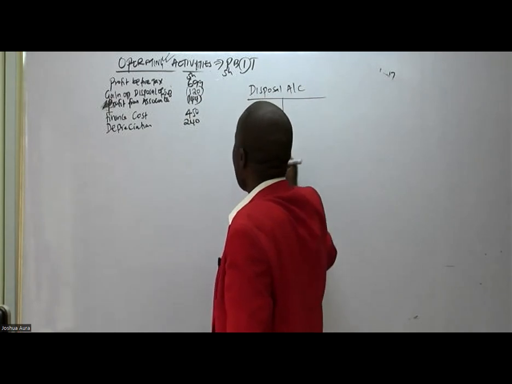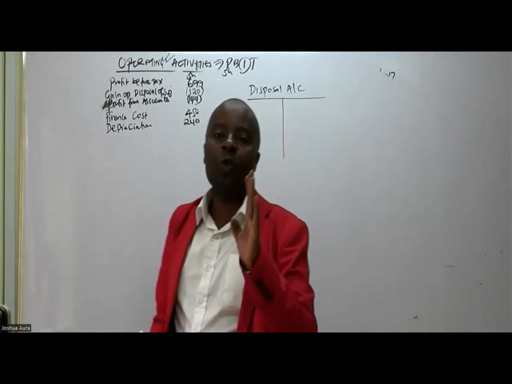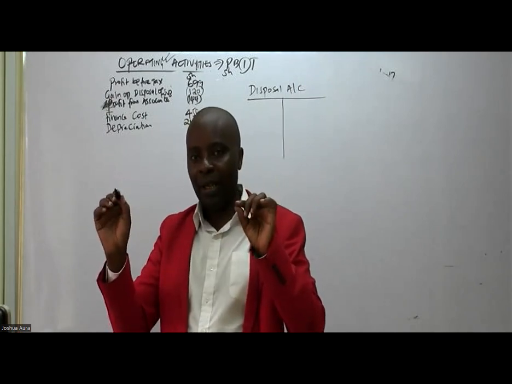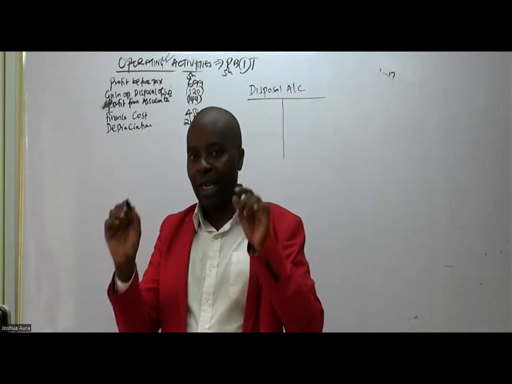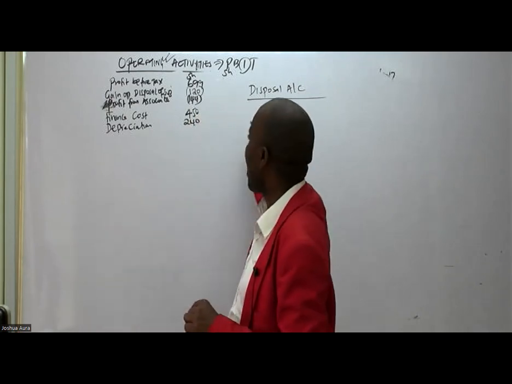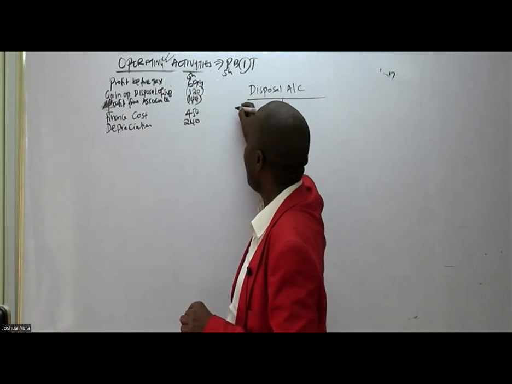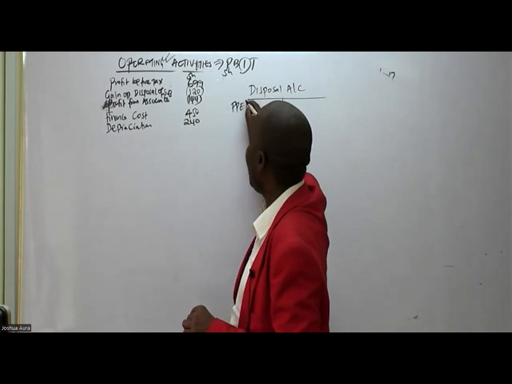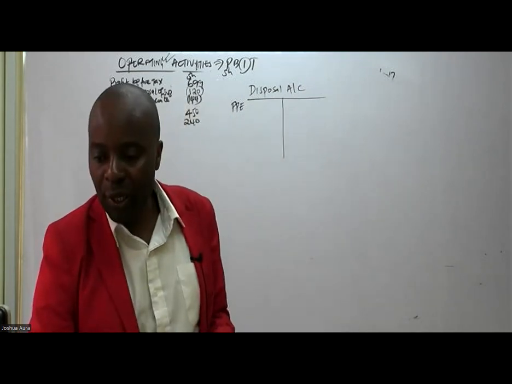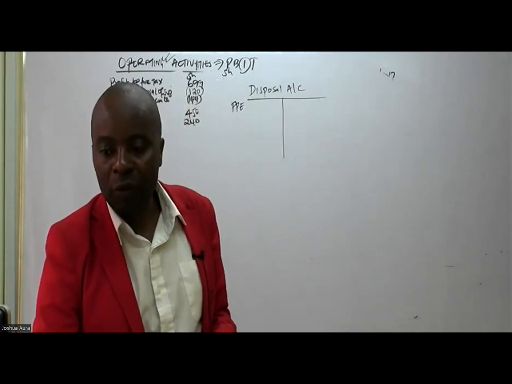When I dispose an asset, I will straight away go to the property, plant, and equipment account, credit the PPE with the net book value, and then I debit the disposals account here. So we have in this case the PPE that was disposed in the year. We were given the carrying amount of that PPE.